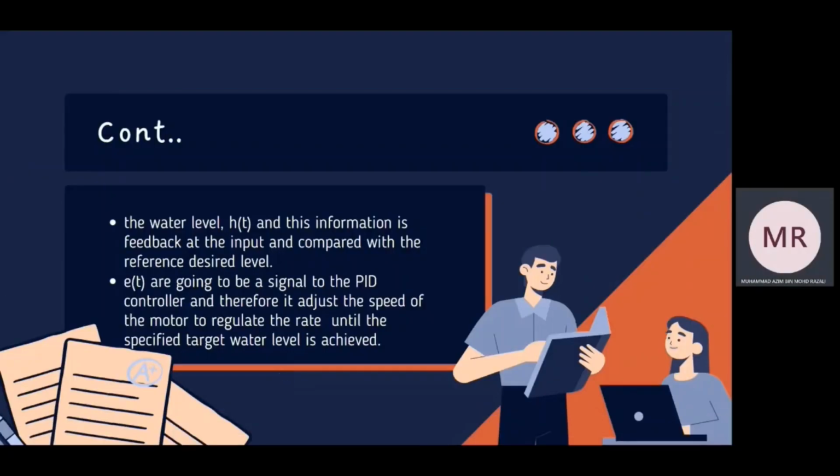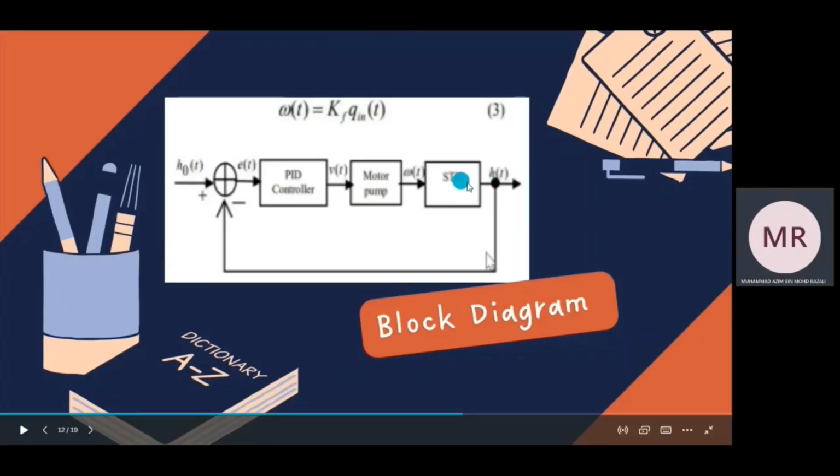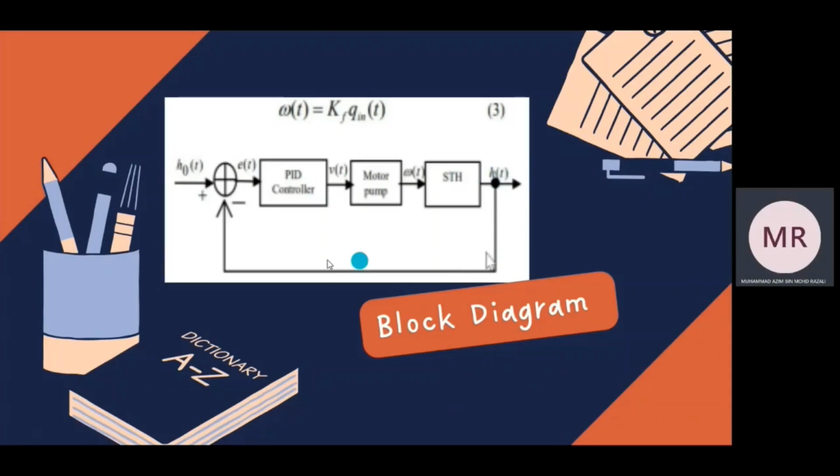After that, the water level HT information is fed back to the input. As we can see here, after it goes through the STH, it feeds back to the beginning of the system.